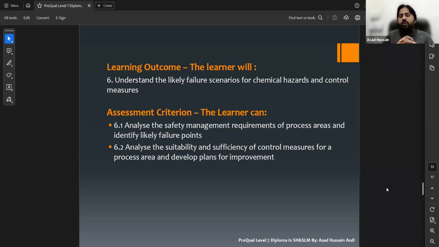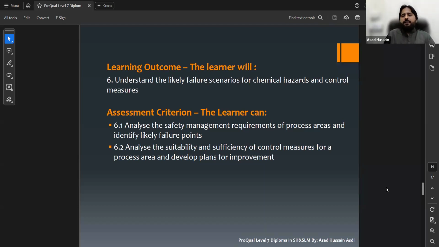We have 2 assessment criteria. The first criteria is 6.1. It's about analyzing the safety management requirements of process areas and identifying likely failure points. So the first thing is that there is a safety management requirement, or simply you can say it is an OHS management requirement.